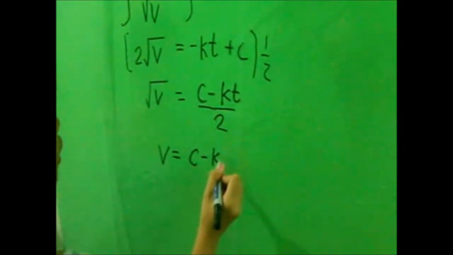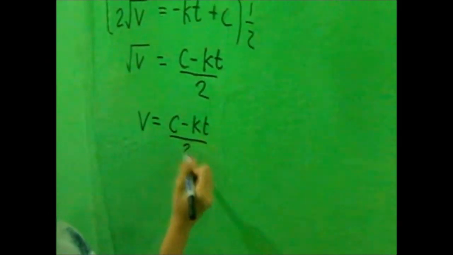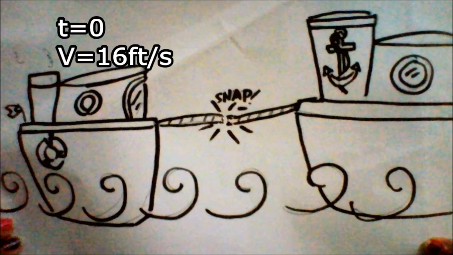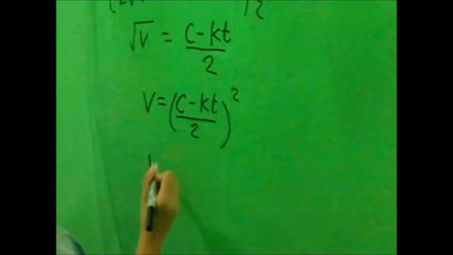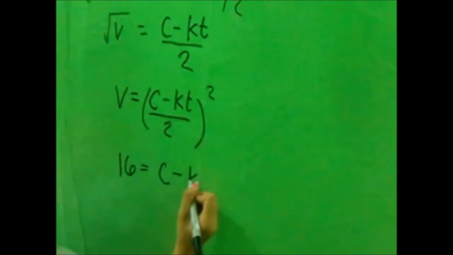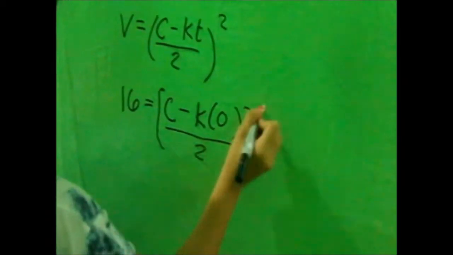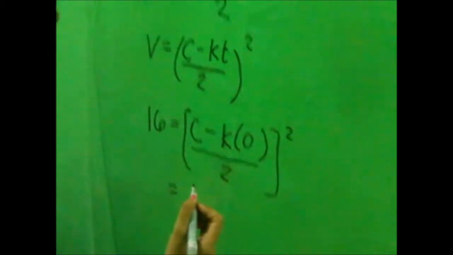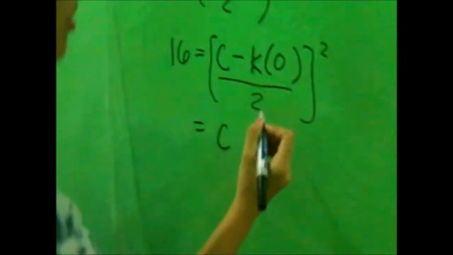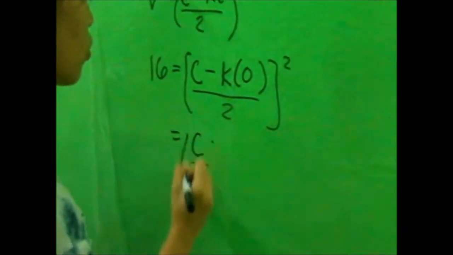Squaring both sides, we obtain v equal to c minus kt over 2 squared. Now, we substitute v is equal to 16 feet per second when time is equal to 0 seconds into the equation. So 16 is equal to c minus k times 0 all over 2 squared. So this becomes c over 2 squared.